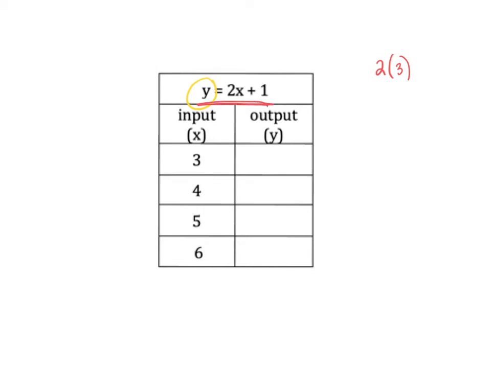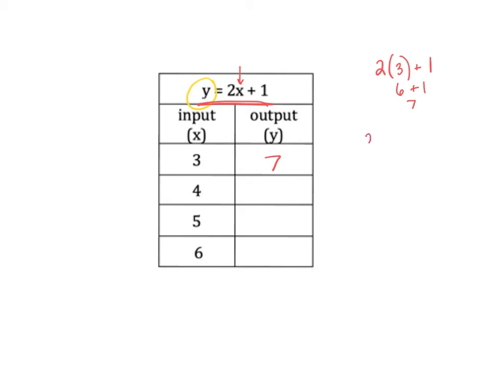I replace that x with each one of my inputs. So since our first input is 3, I wrote 2 times 3, and then I have to also remember to add my 1. 2 times 3 is 6, plus 1 turns into 7. So I know for the first one, the input of 3 gets me an output of 7.